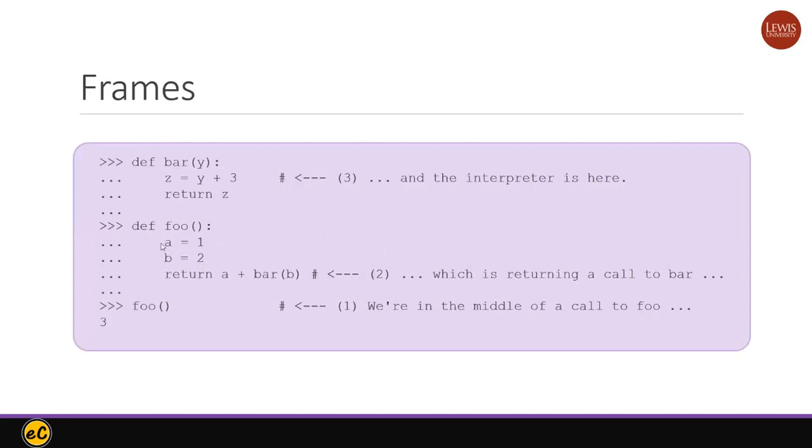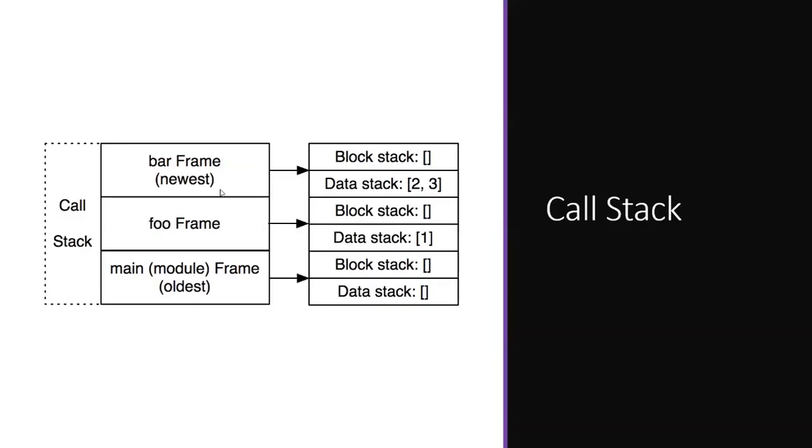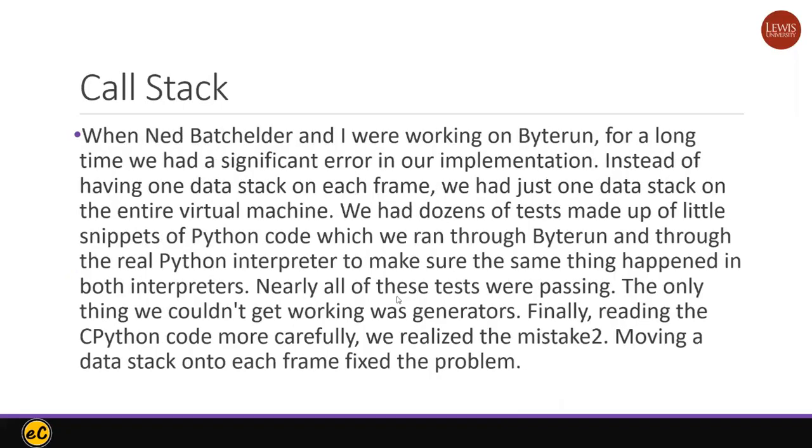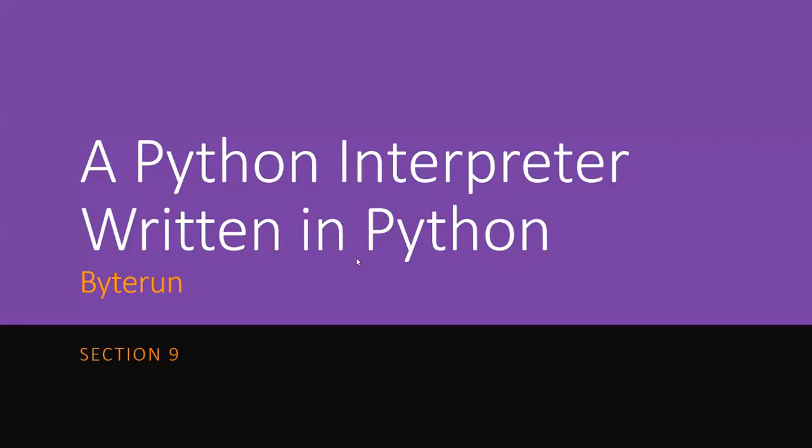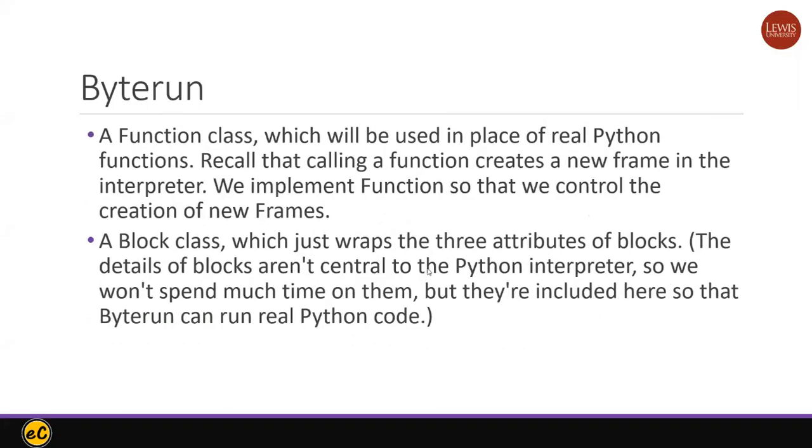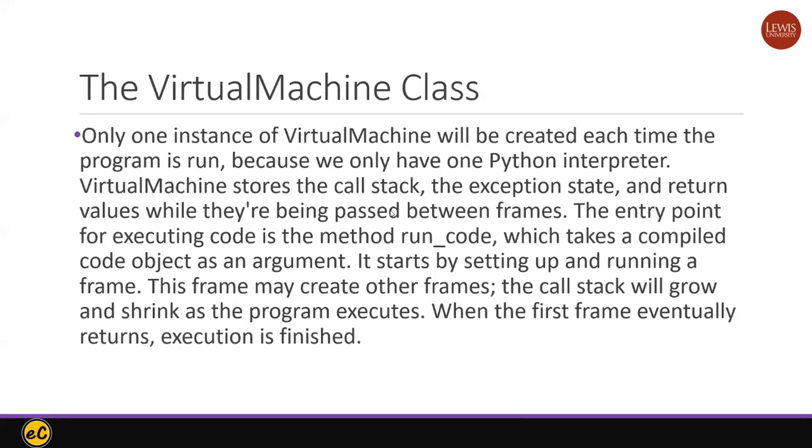So here we talk about when you have a function calling a function, you create the block stack and the data stack for the bar, for the foo, for the main function. Anyway, so that's just introducing that the if statement, loop, and function all get assembled to some assembly in Python format, and then PyRun will run it.